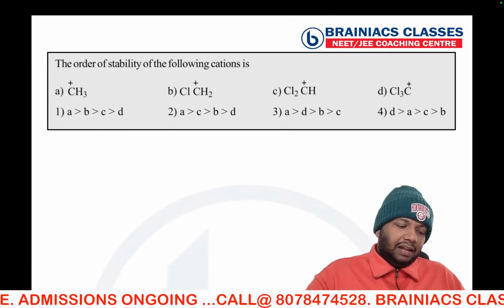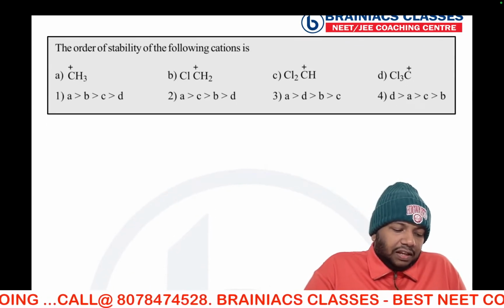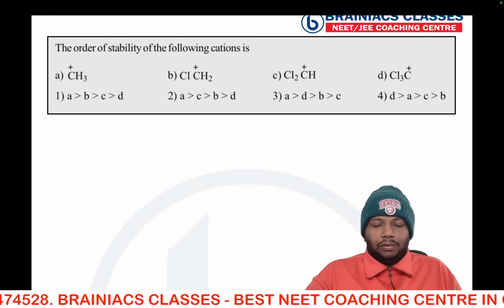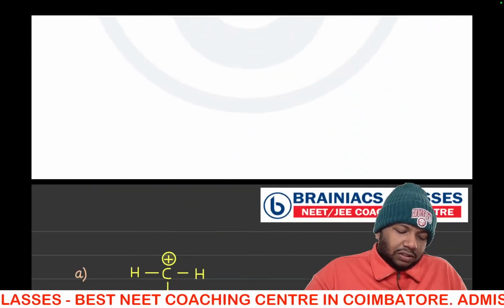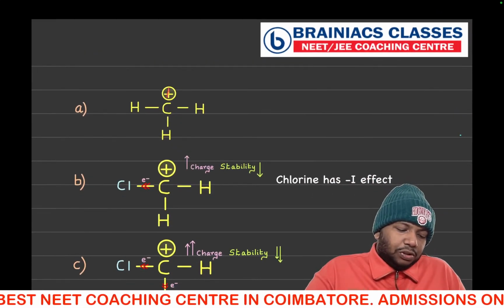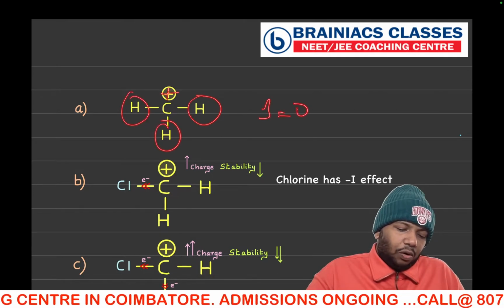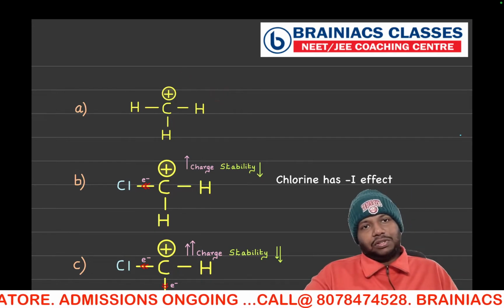Next one, again we need to compare the stability of carbocations. The question here is the order of stability of the following cations, a carbocation, with the positive charge present on the carbon. Let's try to see the structures. You can see here positive charge on the carbon, nearby hydrogen has inductive effect equal to 0, so it is neither increasing nor decreasing the positive charge.